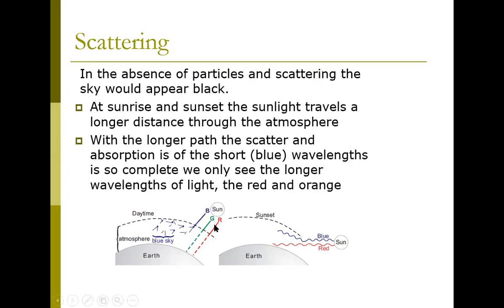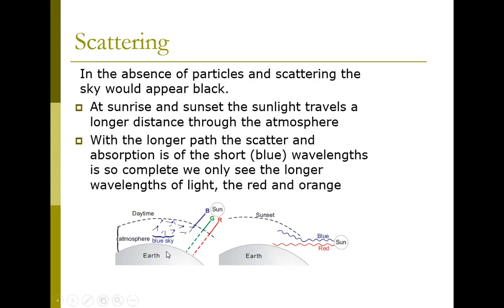So sunlight has been shown in three colors: blue, green, and red. Blue, we said, is of shorter wavelength and it will be absorbed on the way.